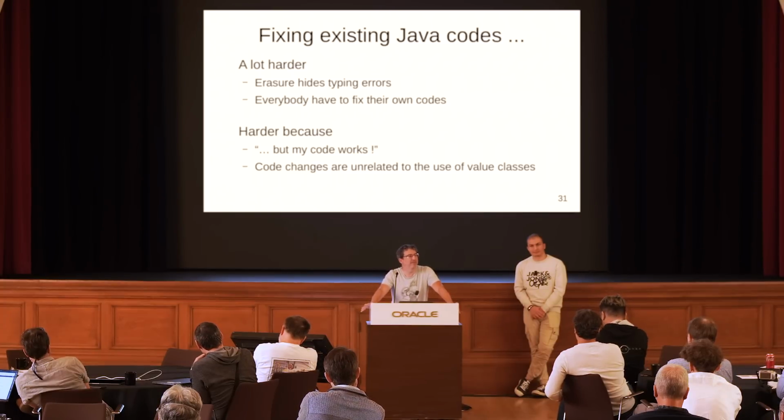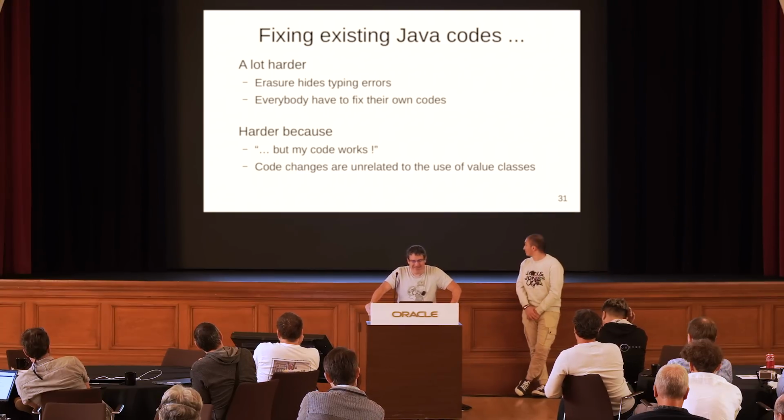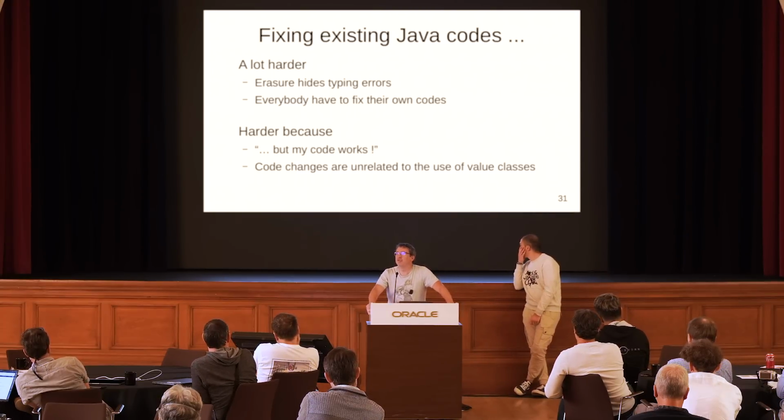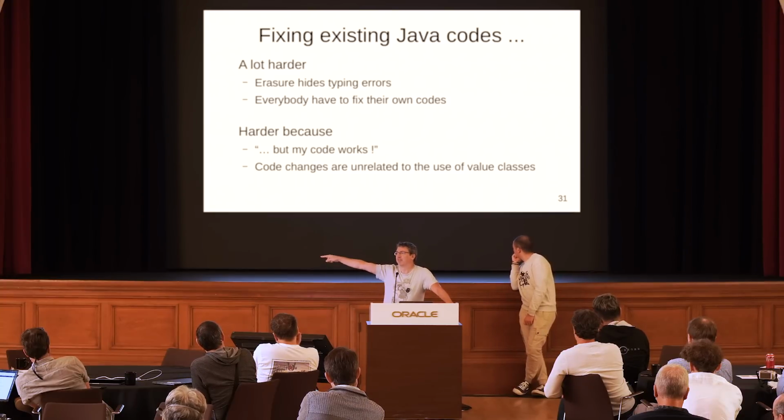Usually it's not a good message when you start like this, but it's worse than this. Because you have to fix code which is unrelated to value classes. You are fixing code for the generic parts that maybe never use or never see a value class.